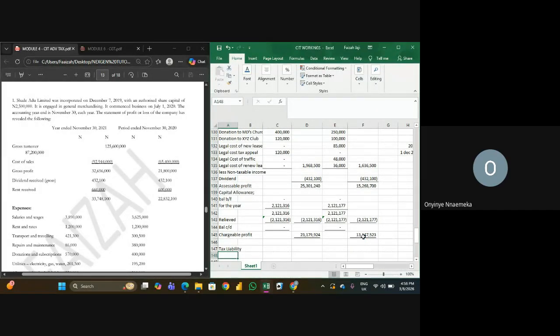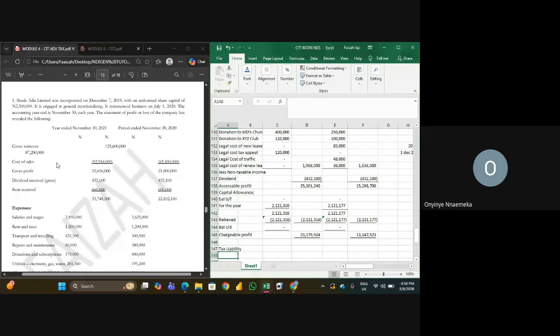So now let's go to the question. Remember that in doing this question, small company is 25 million and below, medium is 25 to 100 million, large is 100 million and above. So when this company first started, their turnover was 87 million.